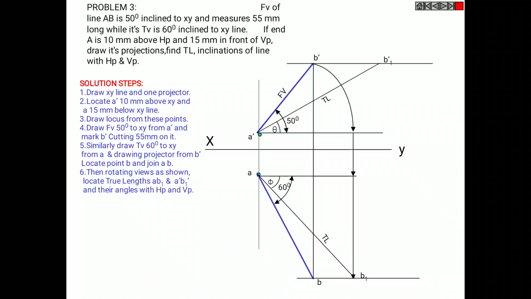This will be beta, theta and phi. Is it clear? I'll show it again.